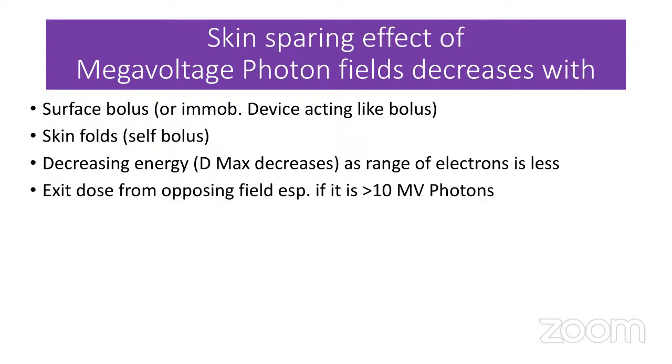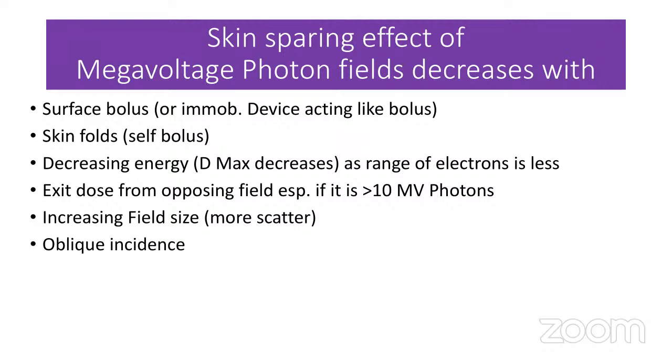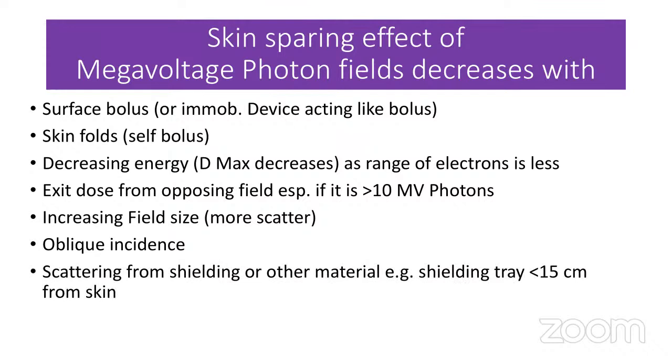Then it could be exit dose from the opposite field, especially if using say 15 MV photon, that itself could be close to 70 or 80%. Sometimes you have forgotten. Then increasing field size, more scatter, then oblique incidence, because oblique incidence also increases it. So sometimes in treatment of limbs or in chest wall, there's oblique incidence and the skin dose is more. And then scattering from the shielding or the material.